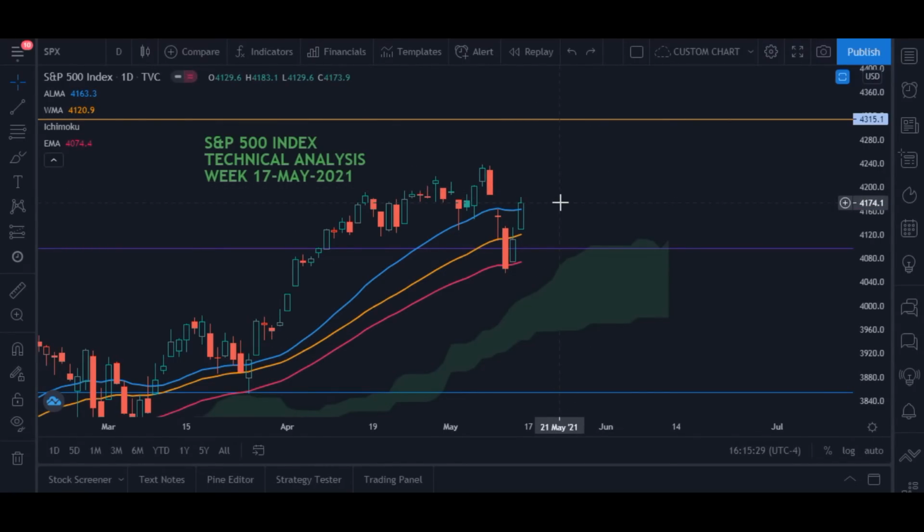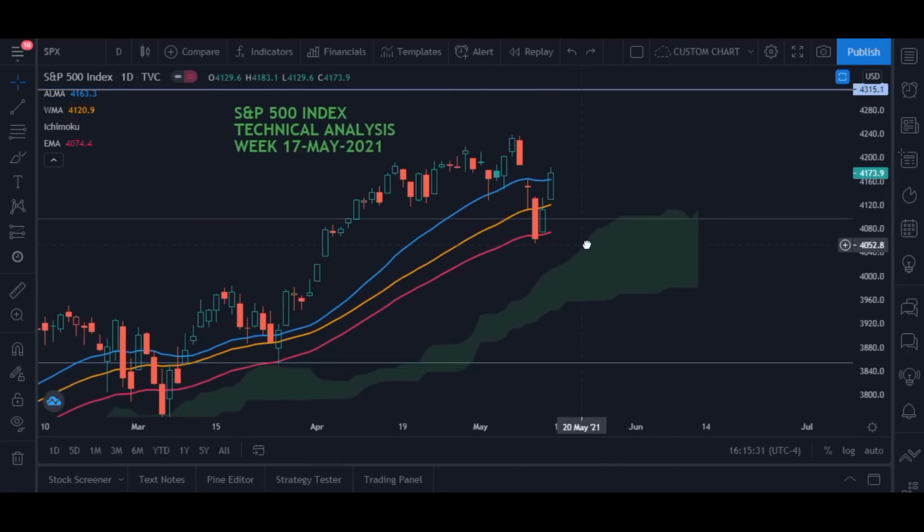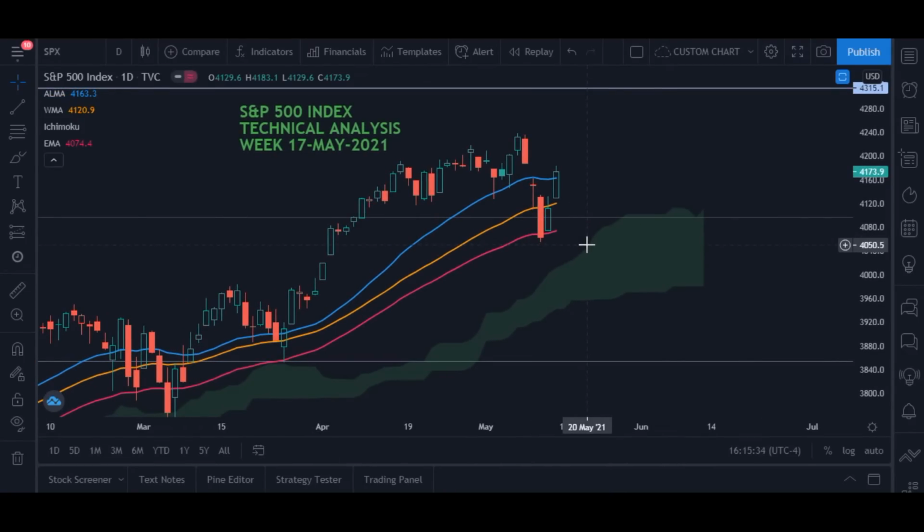Now let's talk about the technical indicators. If we look at the moving averages, one more thing: it took almost 1.5 months or more than 1.5 months for the market to respect the WMA and the EMA.